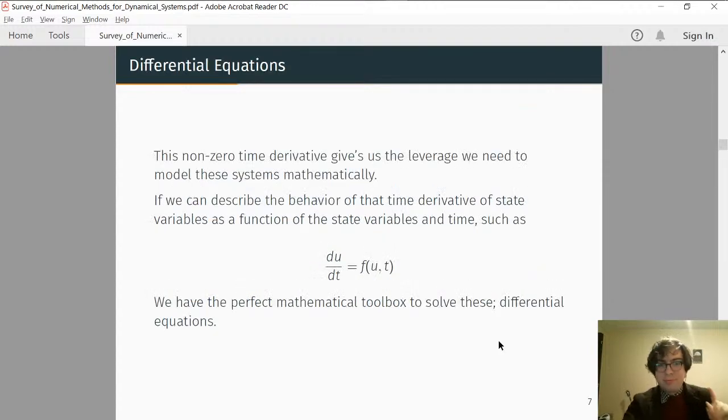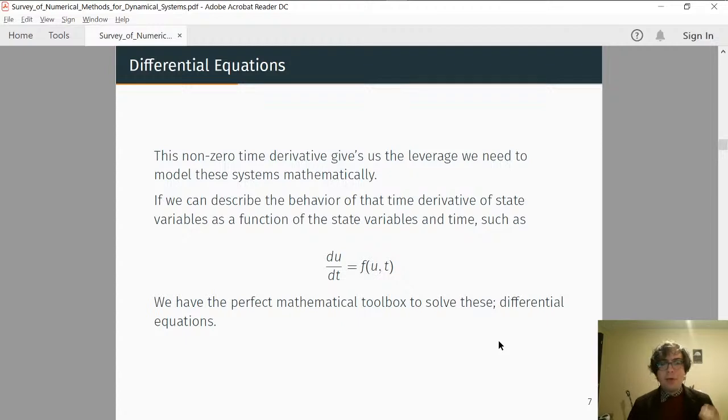So I've tricked you. I have lied. I've promised you a survey of numerical methods for dynamical systems, and what I've decided to give you instead is a survey of numerical methods for differential equations, right? Because if we can describe that time derivative as an algebraic expression, we can describe our system as a differential equation.